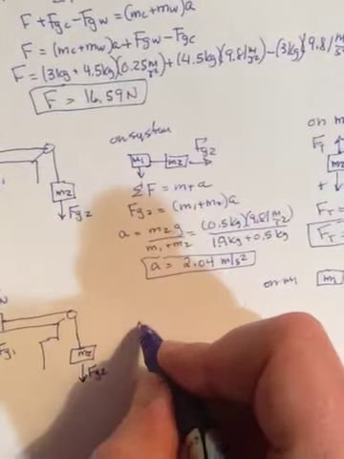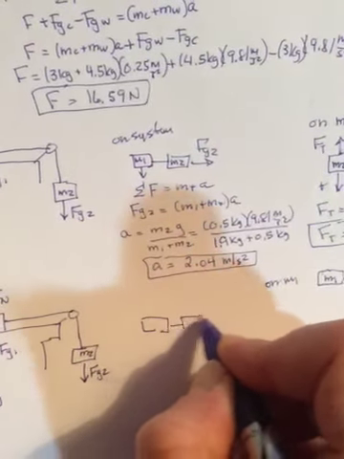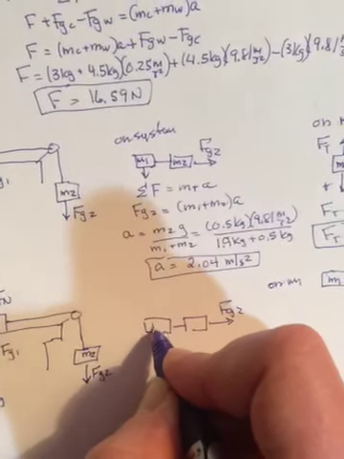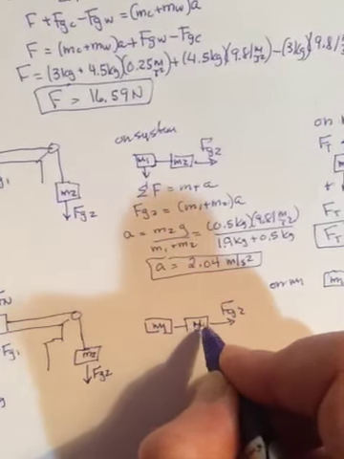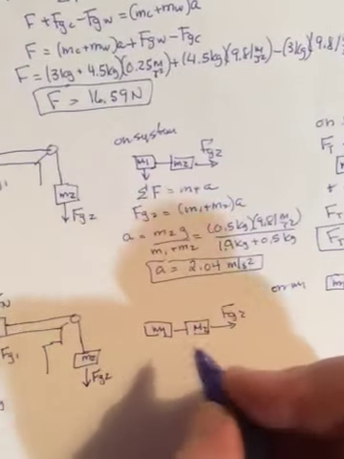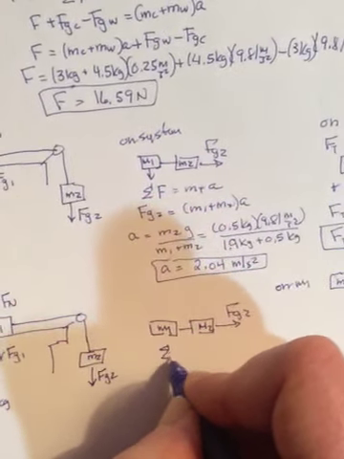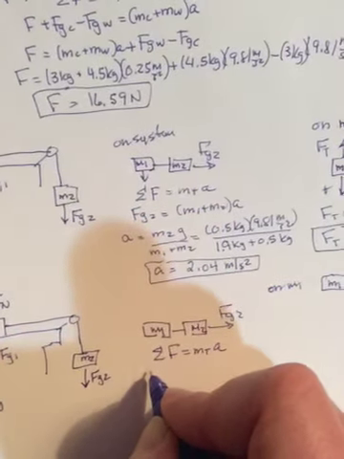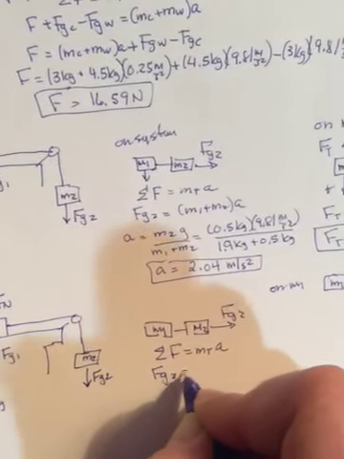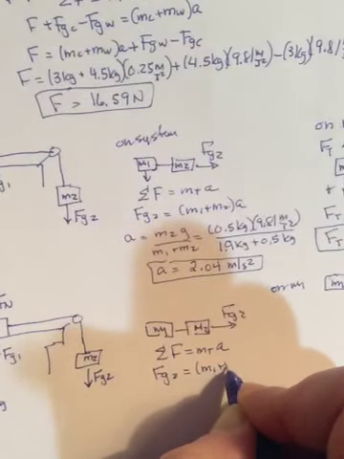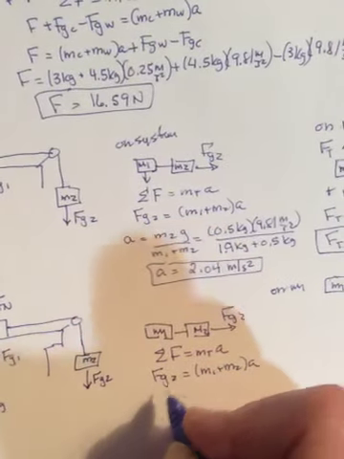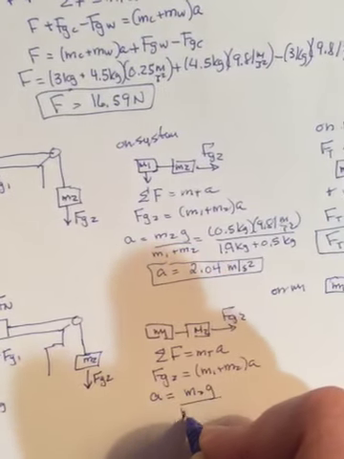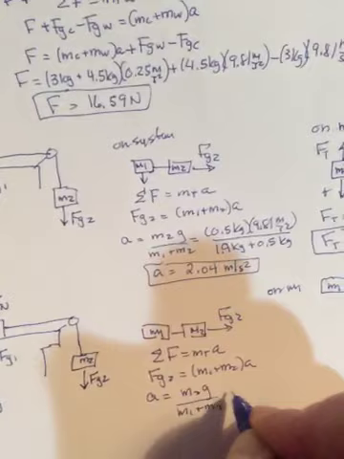And so if we look at the system, once again, the only thing moving it is going to be Fg2, because Fg1 and the normal on 1 are just going to cancel each other out. So if we do the sum of the forces is equal to M total A, it'll be Fg2 is equal to M1 plus M2 times A. And again, we're looking for A. So M2G over M1 plus M2.